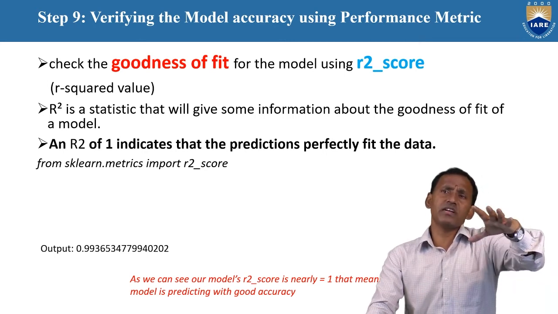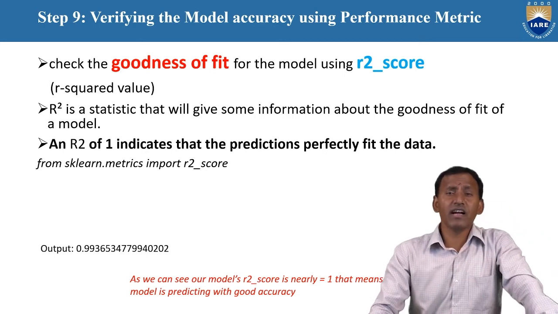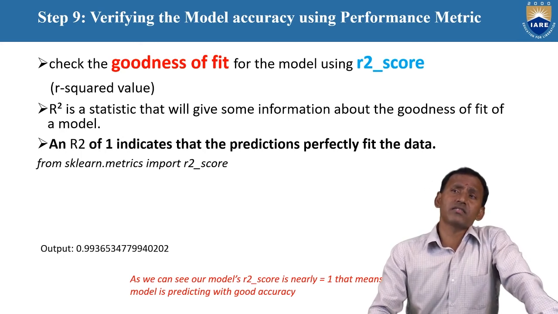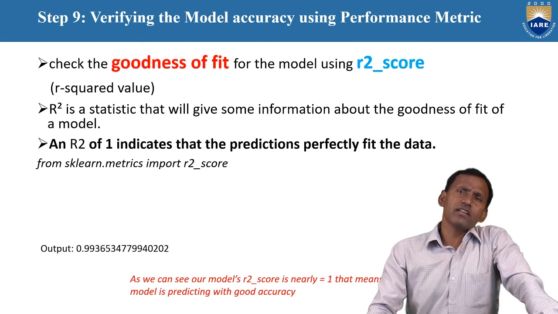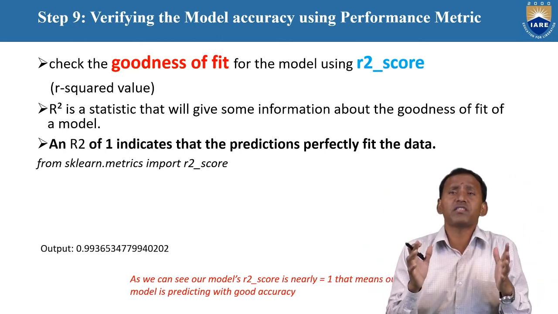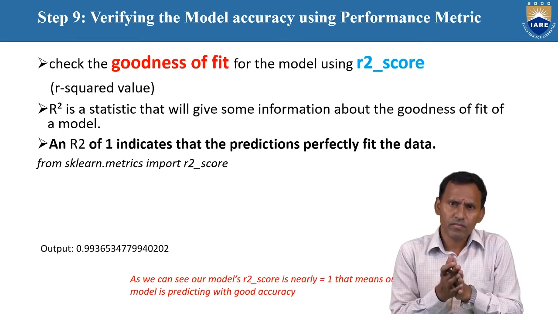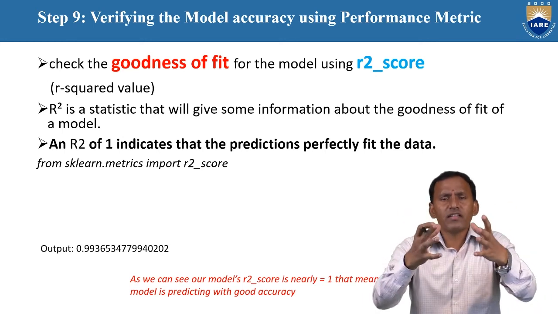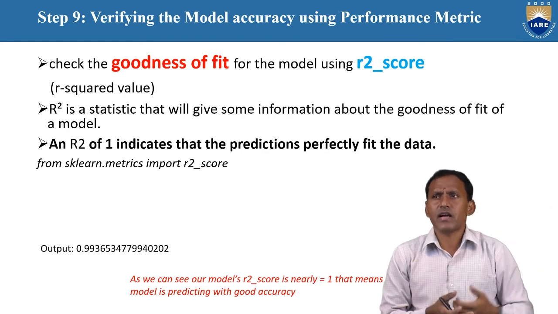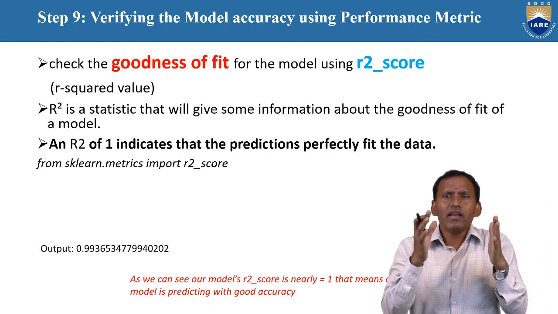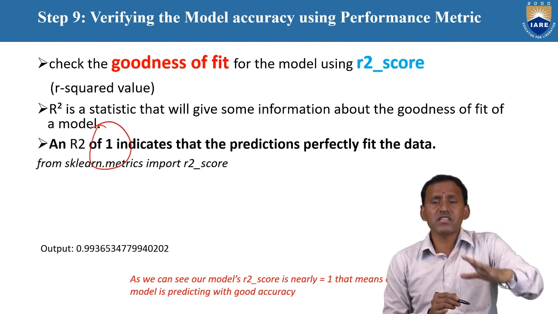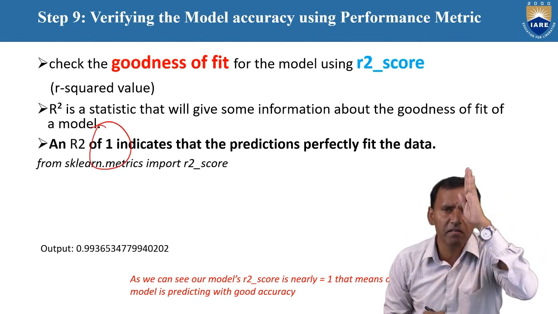Now we have to check goodness of fit for the model using the R-square method. R-square is a statistic that gives some information about the goodness of fit of the model, that means how good the model is according to the given training data. An R-square of 1 indicates that the prediction perfectly fits the data.